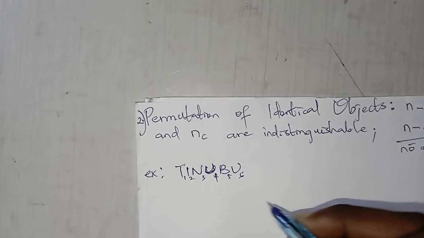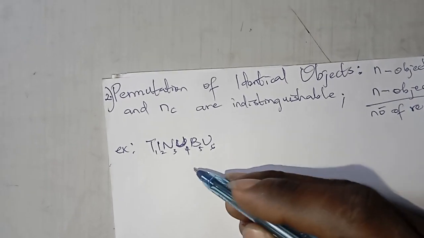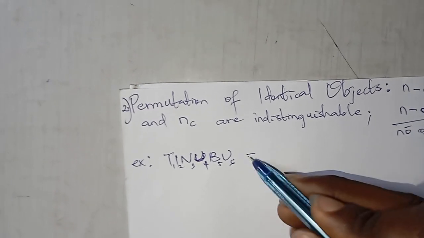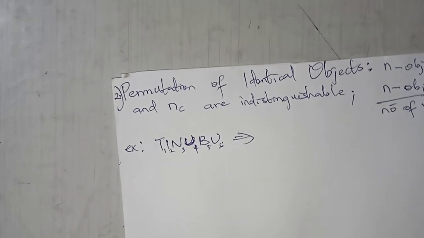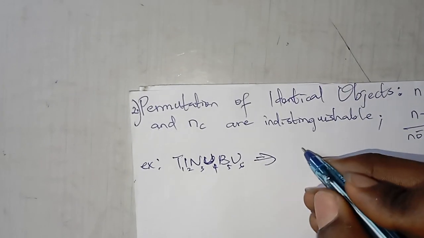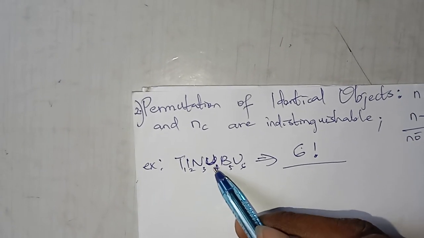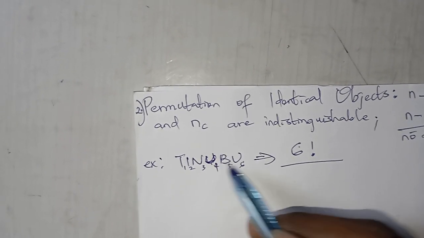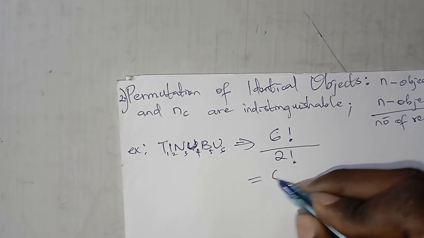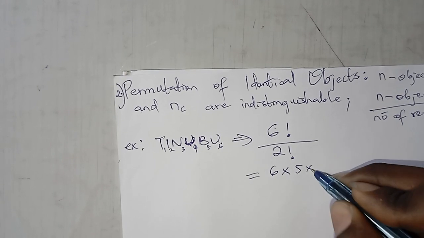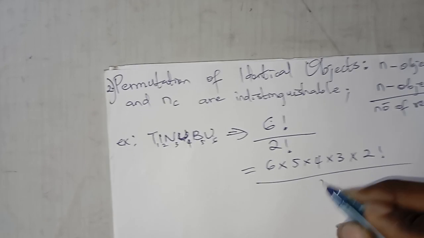So to find this permutation, I'll simply use 6, that is number of objects, 6 factorial, all over the U repeated 2 times, 2 factorial. So this is going to be the same thing as saying 6 times 5 times 4 times 3 times 2 factorial, all over 2 factorial.